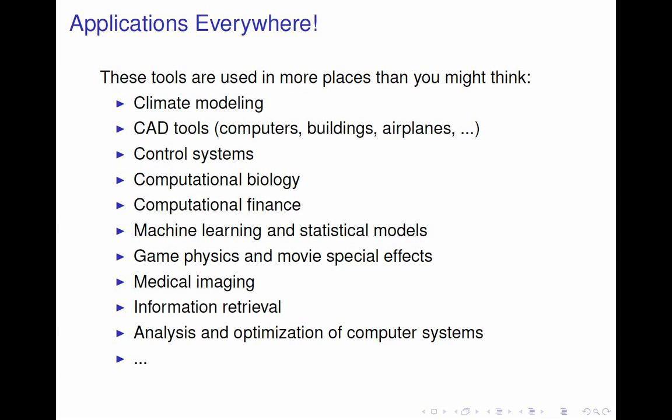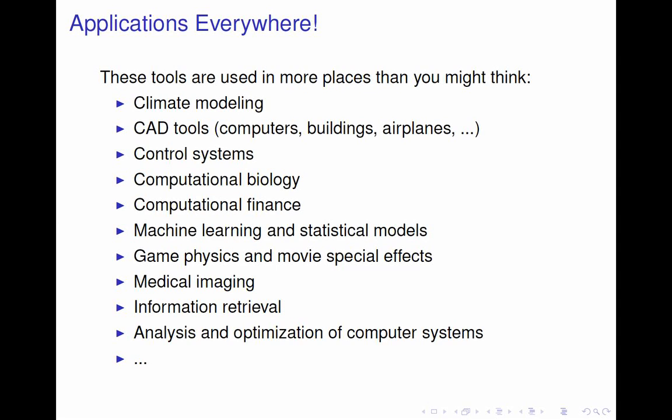So the classic places where computational science and engineering appears are big science applications like climate modeling or fusion modeling, or things like that. Big engineering applications, computer aided design tools for building circuits or buildings or airplanes. All of those things involve computers in the design process these days.